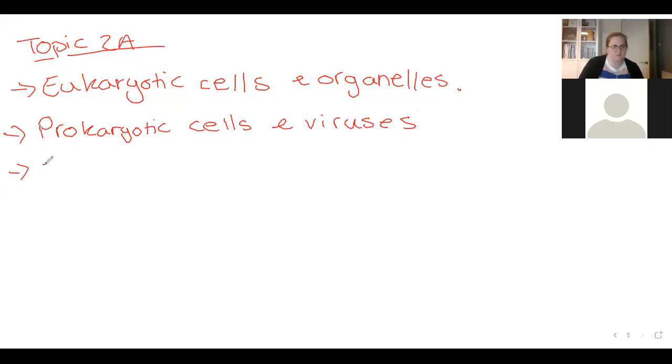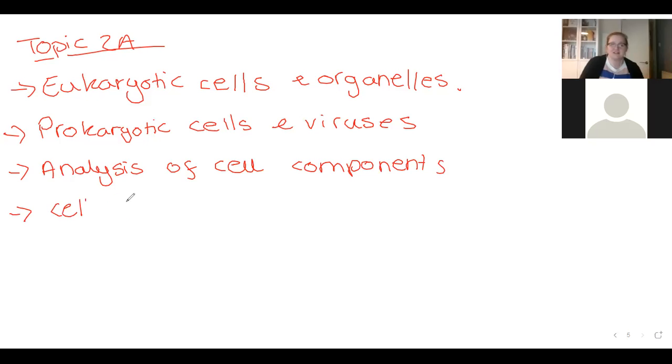Then we will do an analysis of cell components. Then we look at cell division. So mitosis, which is nice because, hang on, part of cell division is DNA replication. So we can start using some of topic 1 in there with it again.